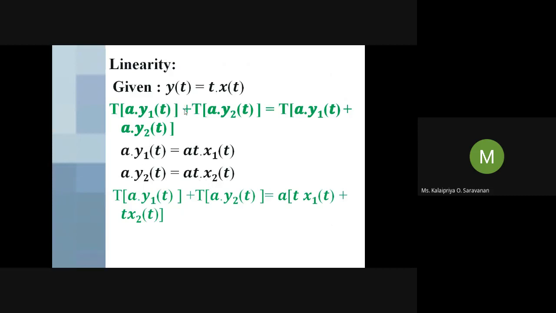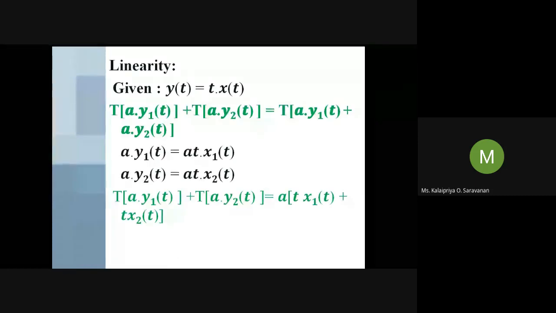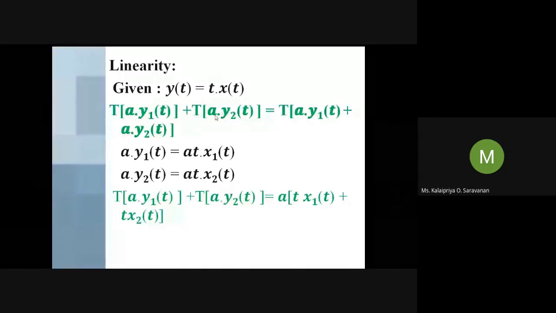Now, as you can see in the slide, the given input-output relationship is y of t is equal to t into x of t. We need to check whether the transformation on a into y1 of t plus the transformation on a into y2 of t is equal to the transformation on the entire signal, a into y1 of t plus a into y2 of t.